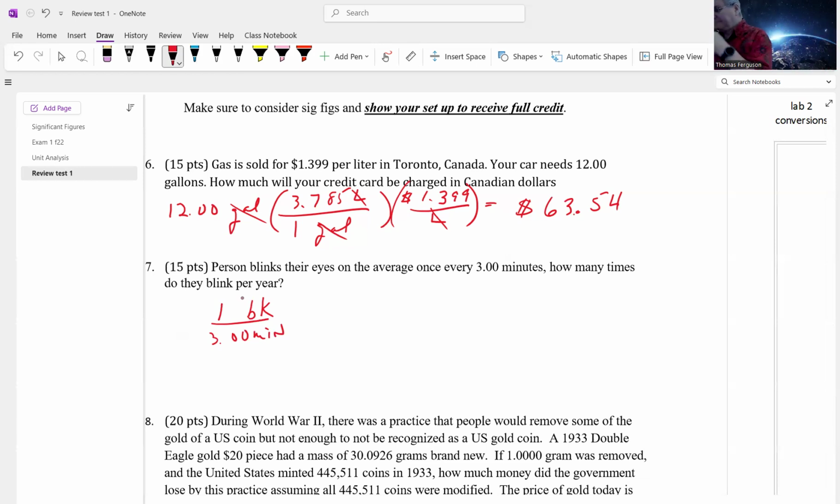So we're going to end up with blinks per year. So we have 2 problems here now. We need to convert the minutes to years. That's one of them.